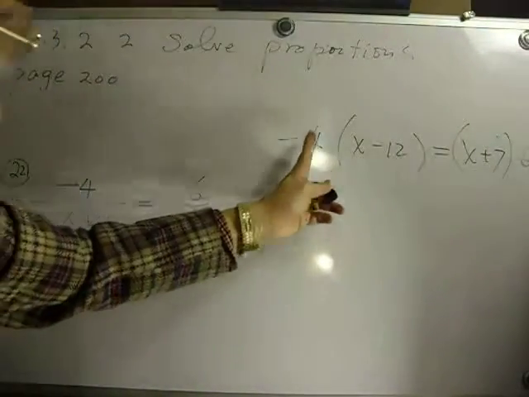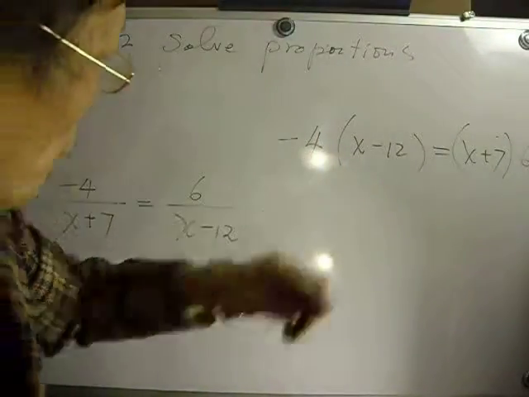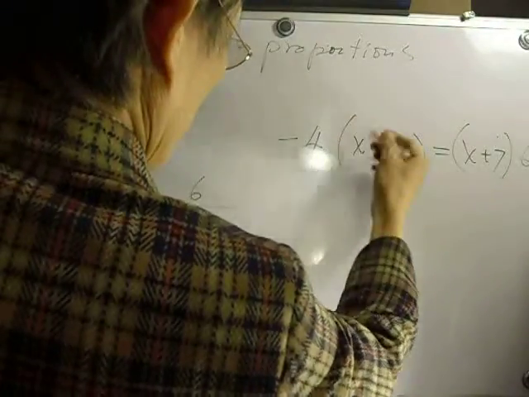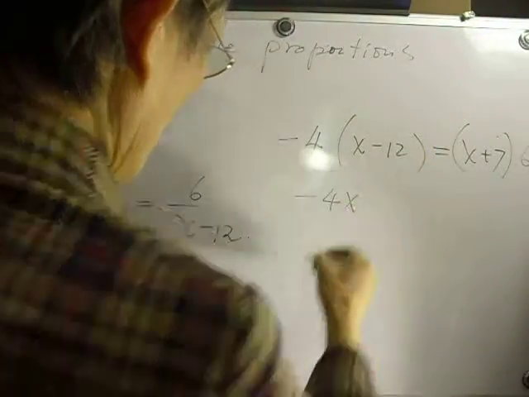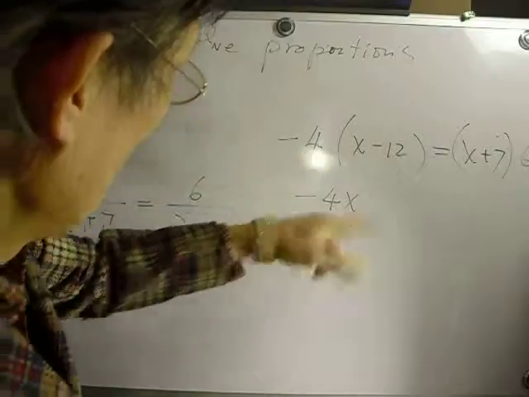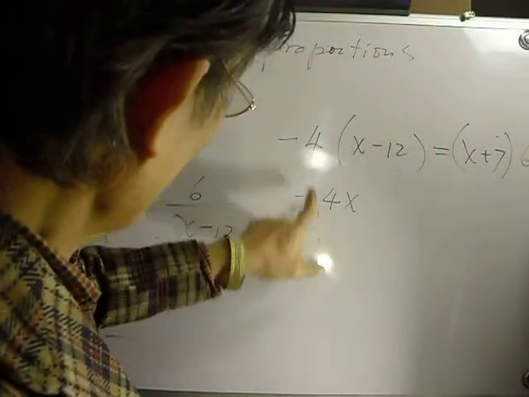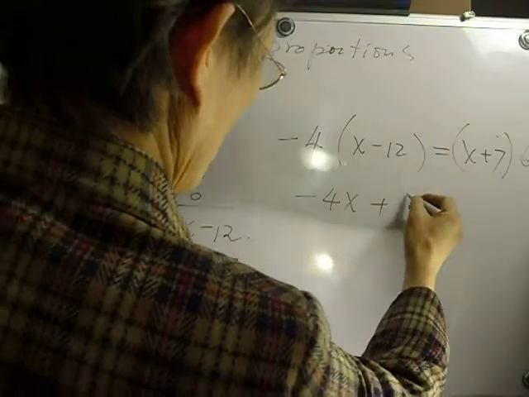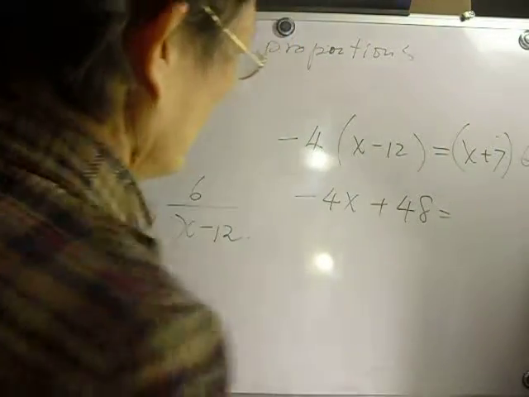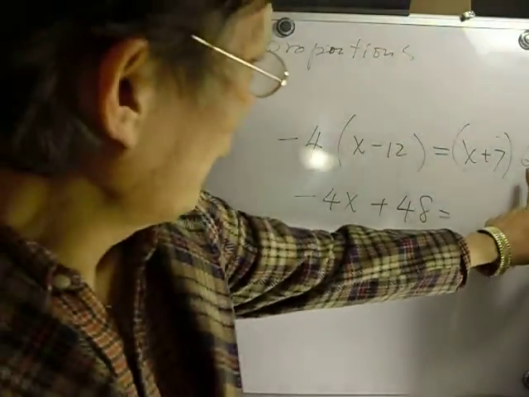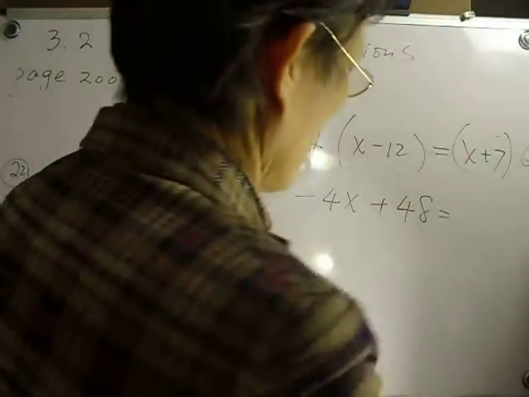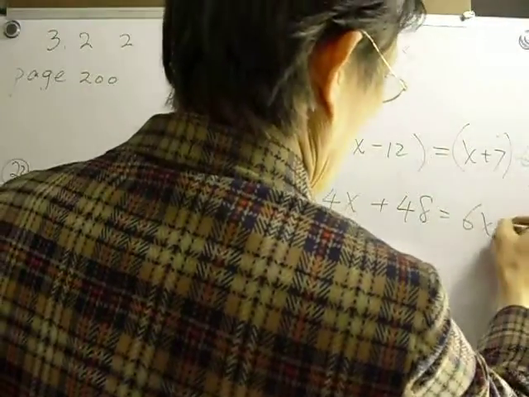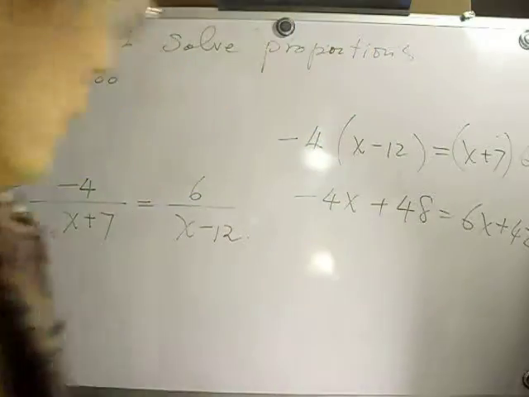So you distribute this, removing your parentheses. Negative 4x, watch out for your sign. Next one will be positive: negative 4 times negative 12 is positive 48. And on the right-hand side, 6 times x is 6x, and 6 times 7 is 42.